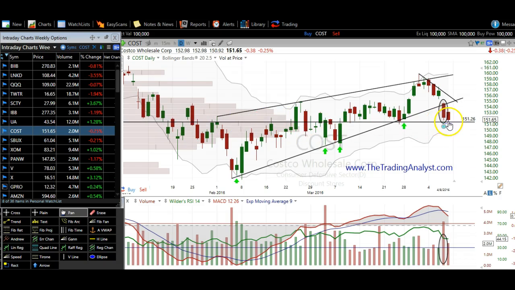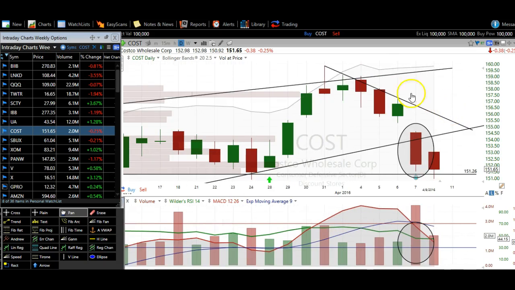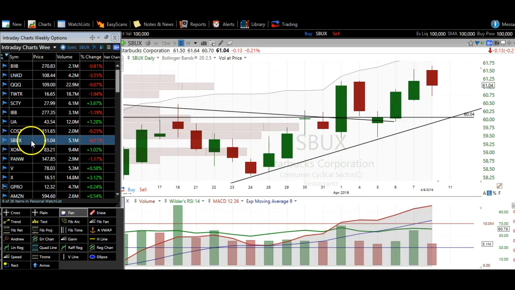So I suspect that we're going to see a little bit of a bounce here, potentially retest up here about 155. But we are working on a little bit of a downtrend line here, and so a retest of this uptrend line and this downtrend line right around 155. I suspect that that'll get rejected as well, so just be aware of that.